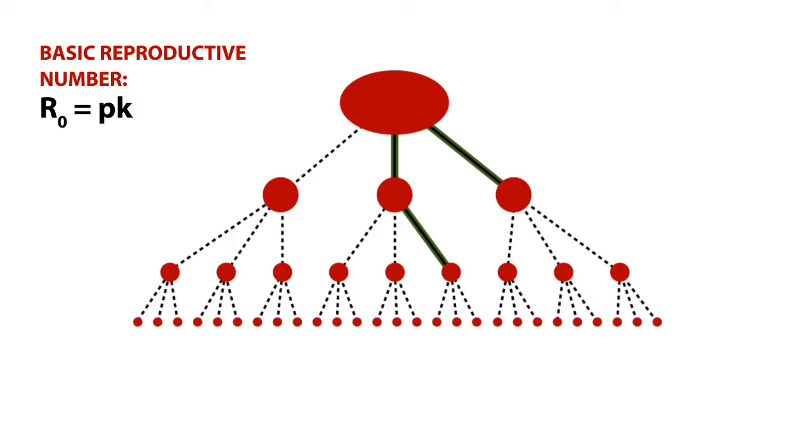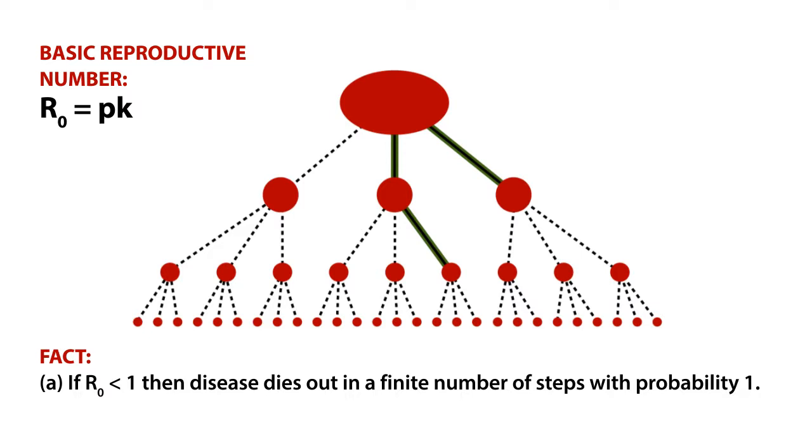And it turns out that R0 versus 1, that is the knife edge that characterizes whether the disease has a chance of spreading forever. And in particular, the basic mathematical fact about this model is the following dichotomy. It says if R0 is less than 1, then the disease dies out in a finite number of steps with probability 1.